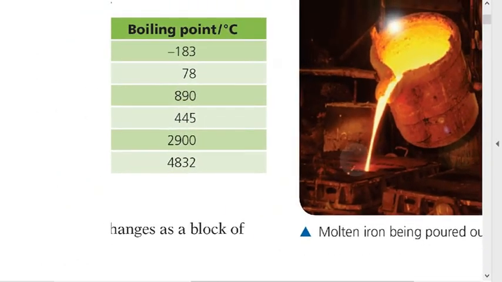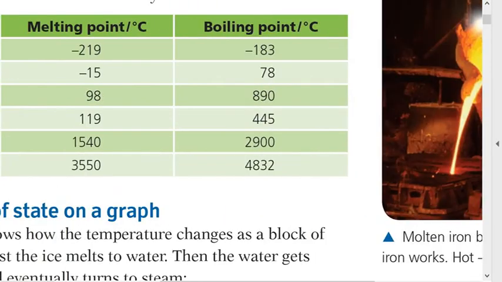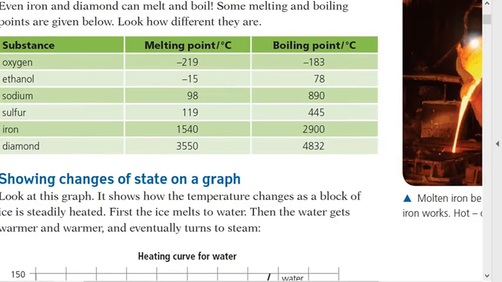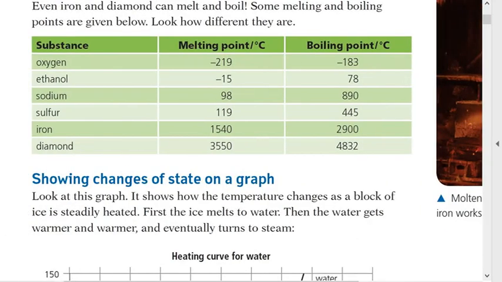Please also pay attention to this table. Let me bring it into focus. This one has the melting points and boiling points of oxygen, ethanol, sodium, sulfur, iron, and diamond. You will find that the melting points of nonmetals, such as oxygen, are very low.